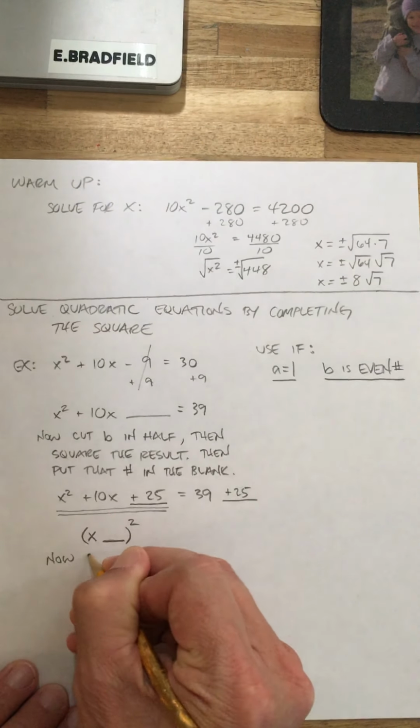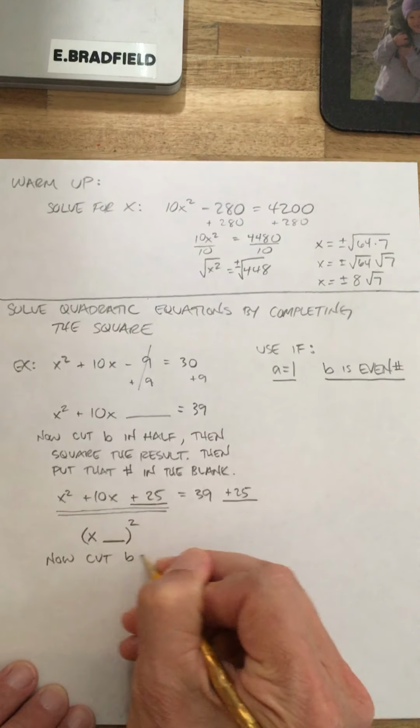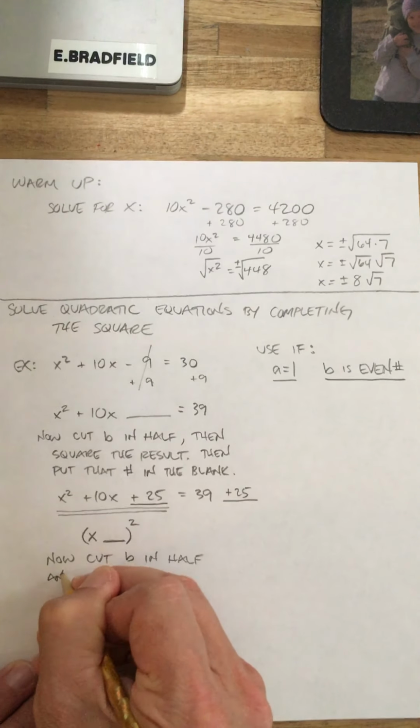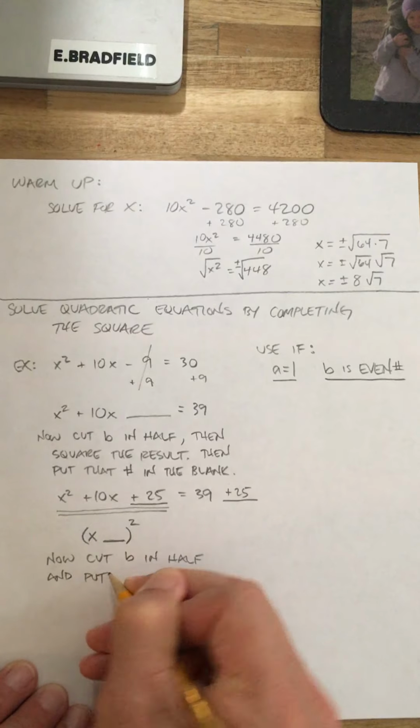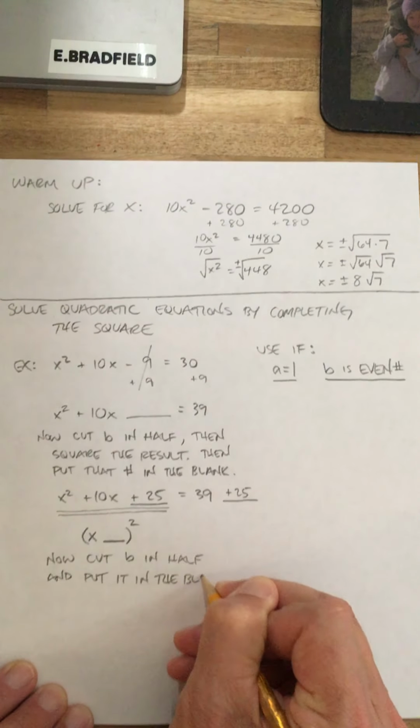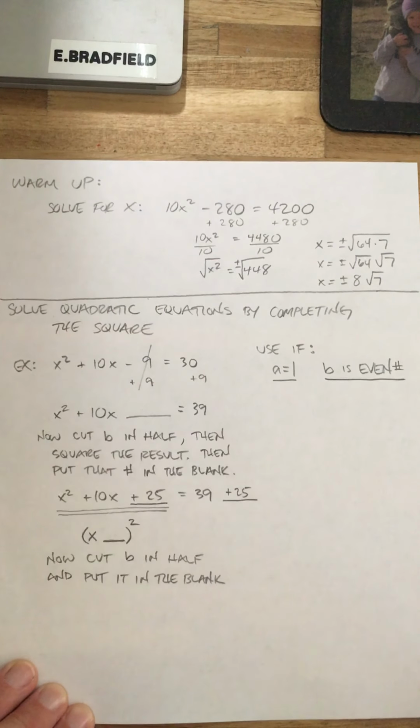Now, cut b in half and put it in the blank. Okay? So this is what you get.